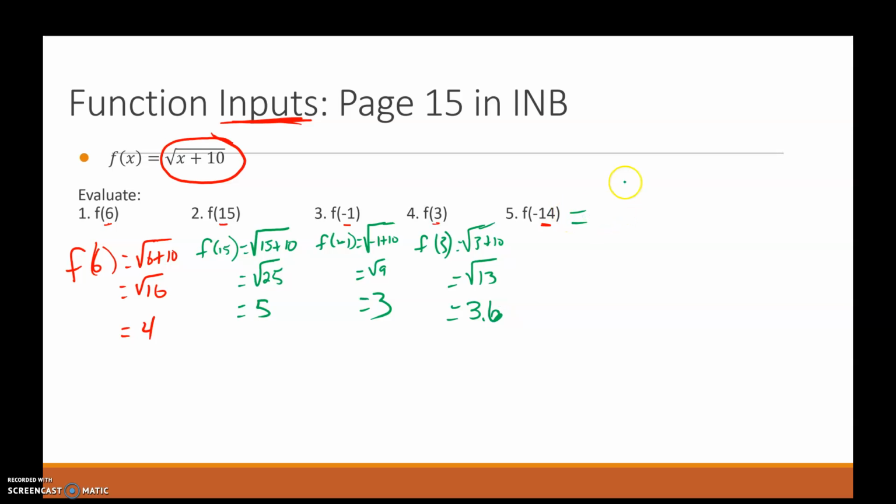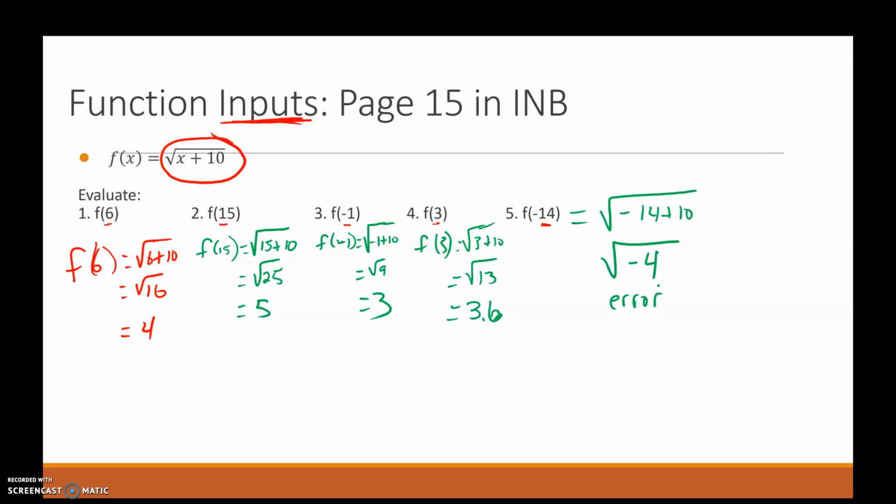And last but not least, on this guy right here, we're going to plug negative 14 in. Now on this one, you're going to get negative 4. If you try to go into your calculator and type in the square root of negative 4, you're going to have some kind of issue. It will not work. Your calculator is going to say error, it can say different things.